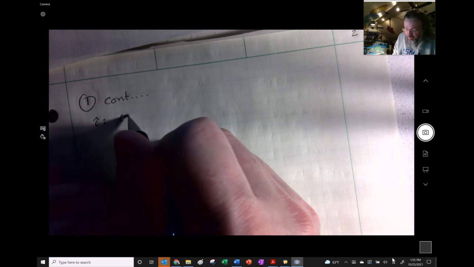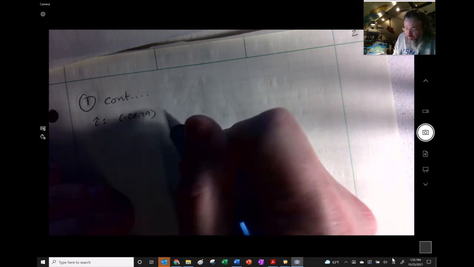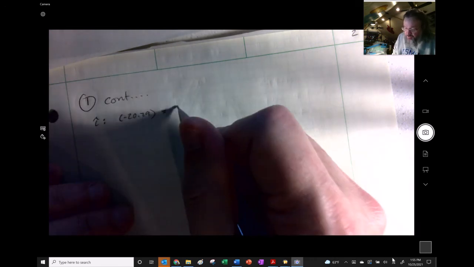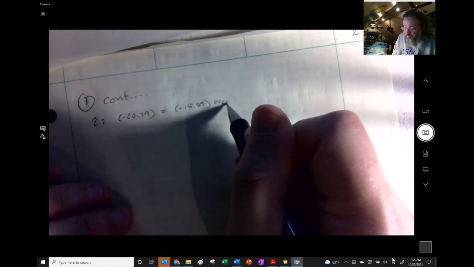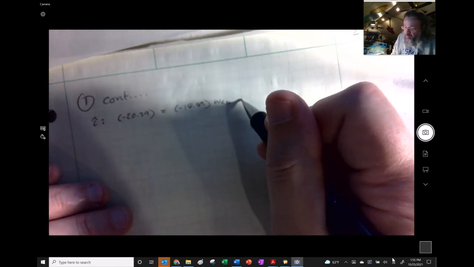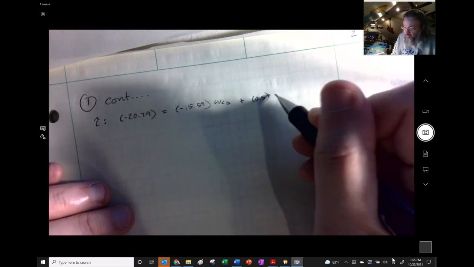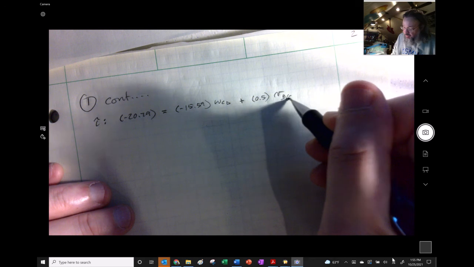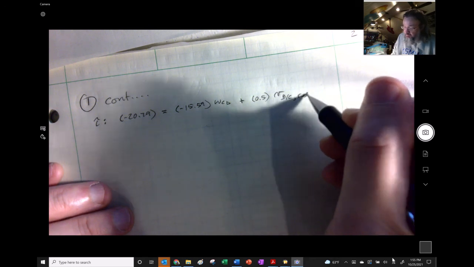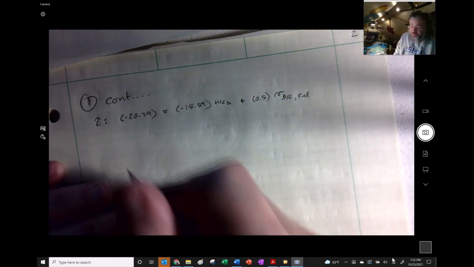So for the I's, we got negative 20.79 is going to be equal to negative 15.59 omega CD, and then plus 0.5 VB with respect to C rel. Right, there's one equation.